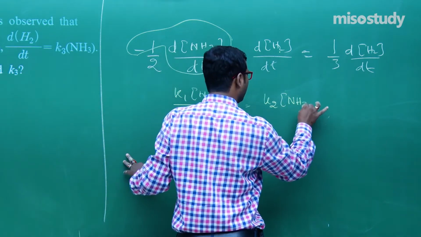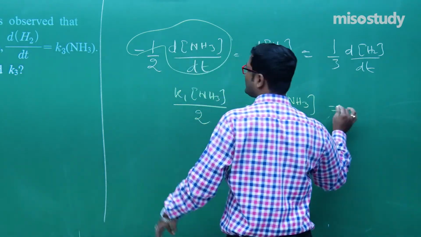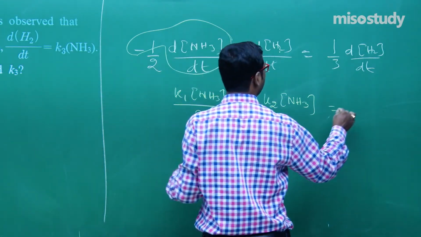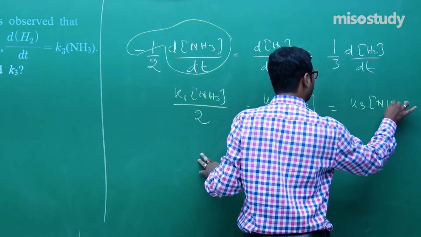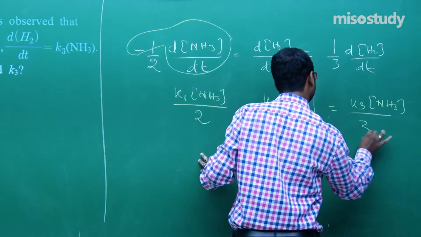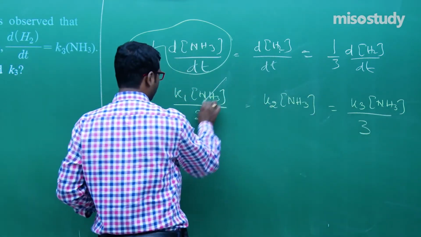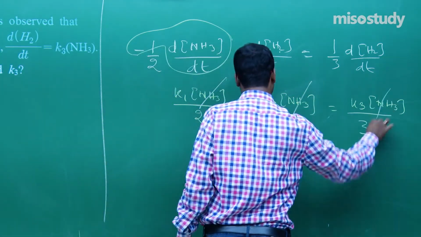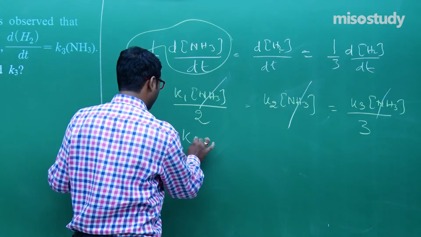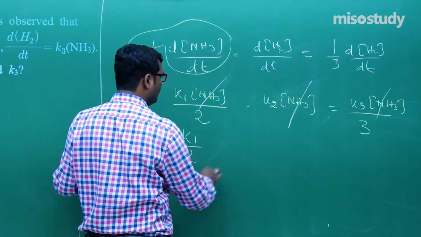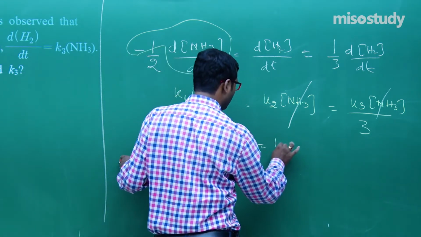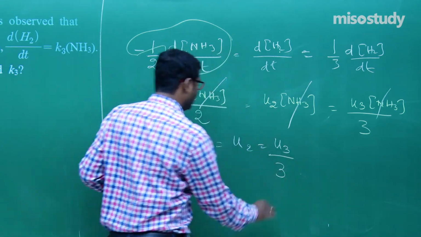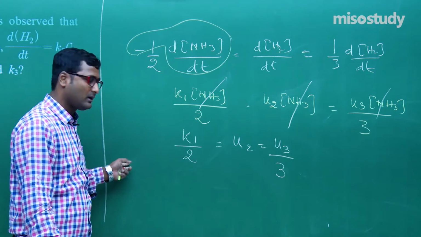Now for dH2, that is K3 NH3 upon 3. Clear? Now this one and this one will cancel each other. Now what is the expression? K1 upon 2 is equal to K2, which is equal to K3 upon 3. Clear to you, friend?